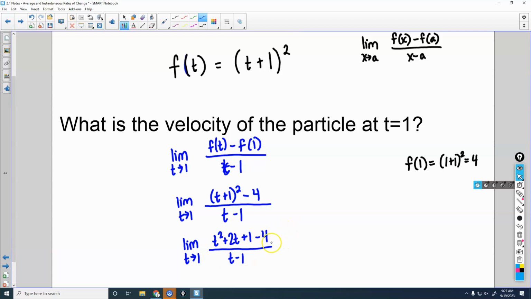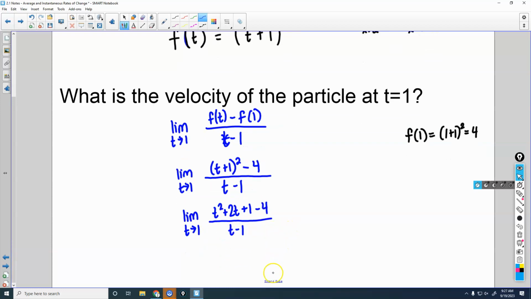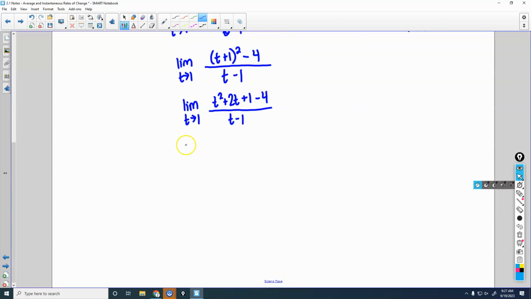So then we will have the limit as t approaches 1 of t squared plus 2t minus 3 over t minus 1. What now? Because if I plug in, I'm still getting 0 over 0.